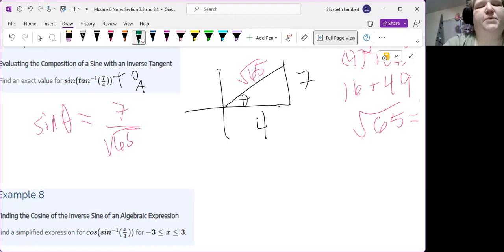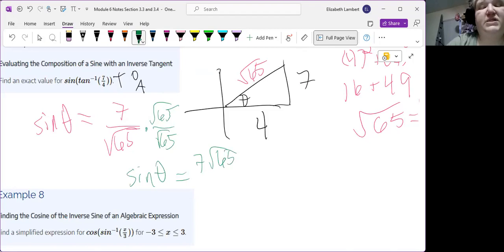I don't remember if it's actually programmed to force the rationalization, but if we wanted to rationalize it, we'd multiply by the square root of 65 over the square root of 65. And we end up with the sine of theta is 7 square root 65 over 65. Cool.